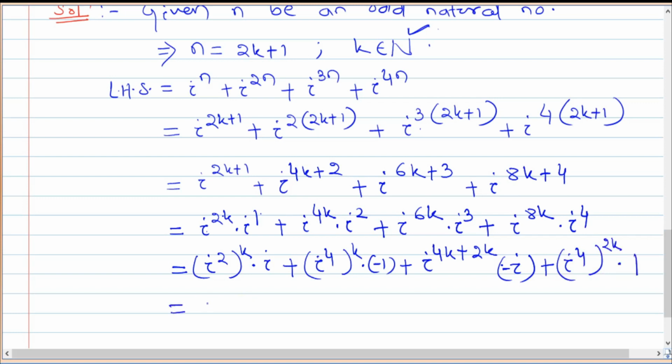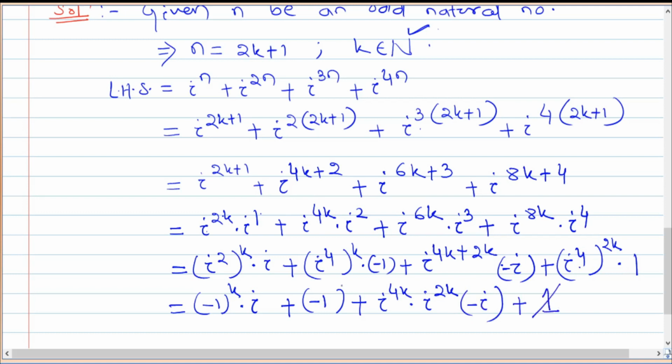I squared is minus 1, so that is minus 1 to power k into i, plus i fourth is 1, 1 to power k is 1, that is minus 1, plus 1 into i to power 6k into minus i, plus 1 into 1, that is 1.